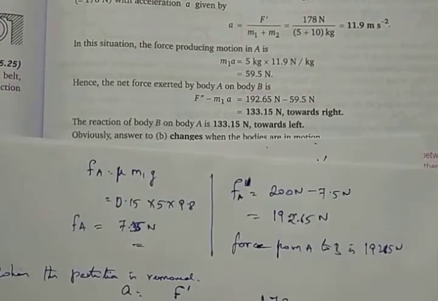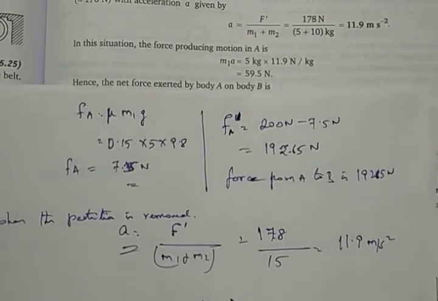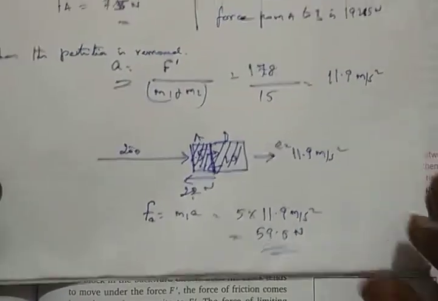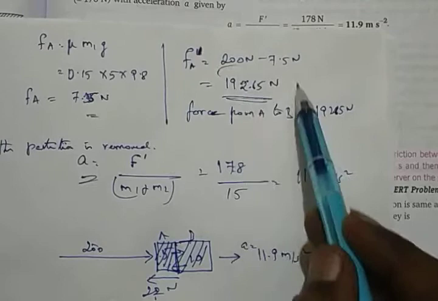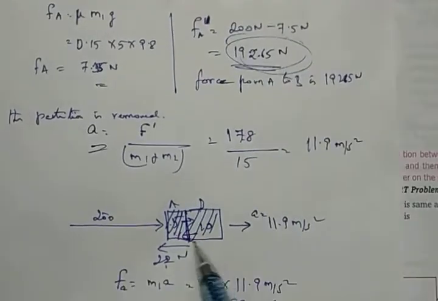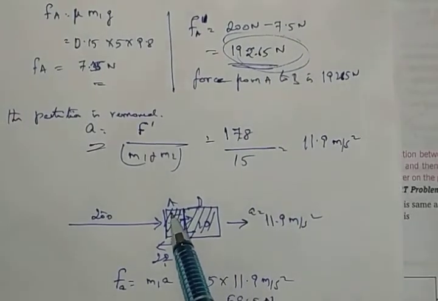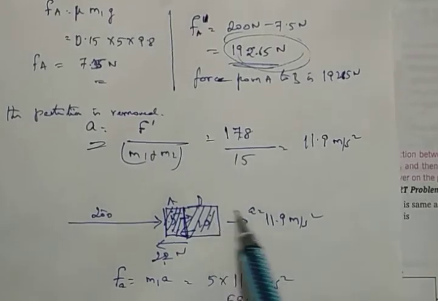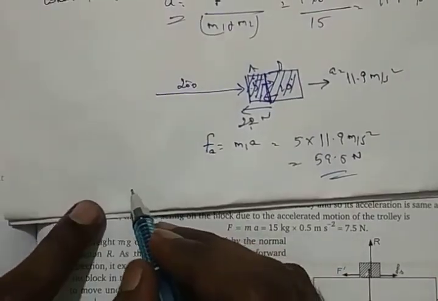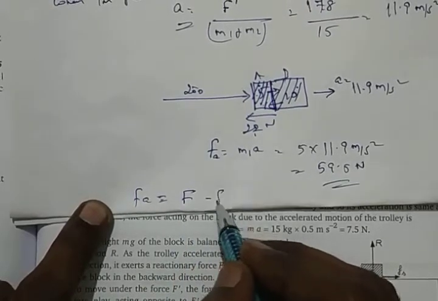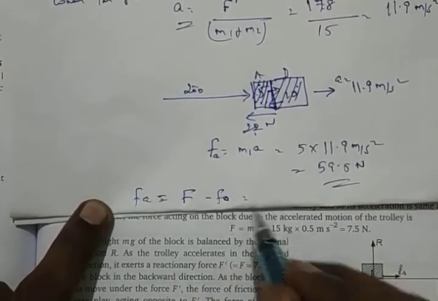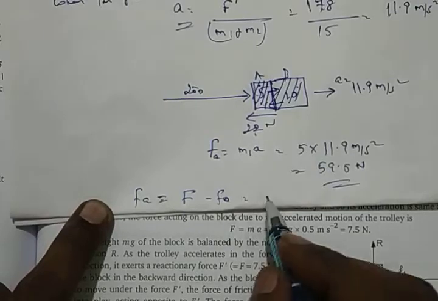Now we need to subtract this force from 192.65, which is the total force in which it is moving. So what will be the force F this will give here? F on B is going to be equal to capital F minus FA, because this is the F force.